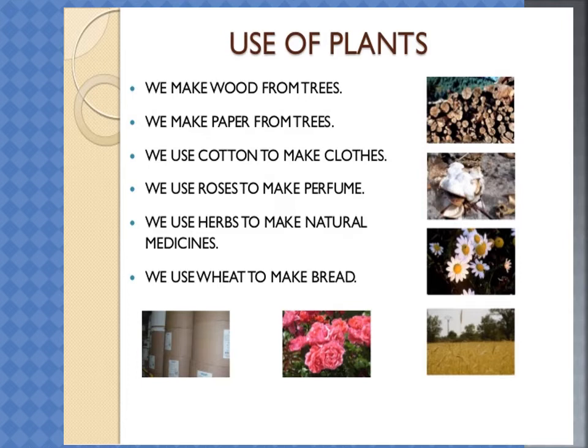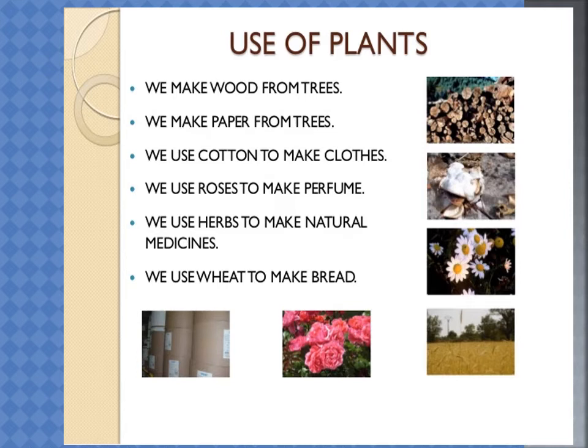Jute and linen are obtained from the stem of the jute and flax plants respectively. Coir is obtained from the coconut husk. We know coconut husk, banana.